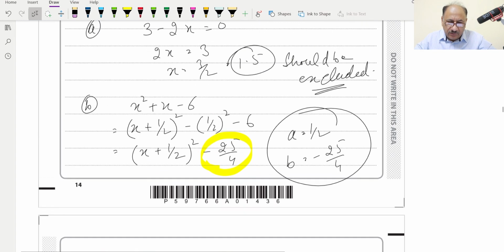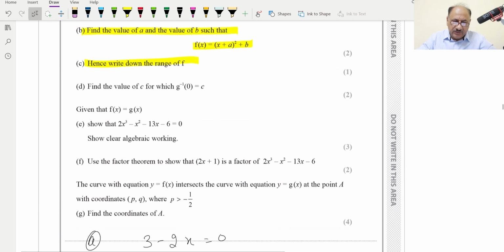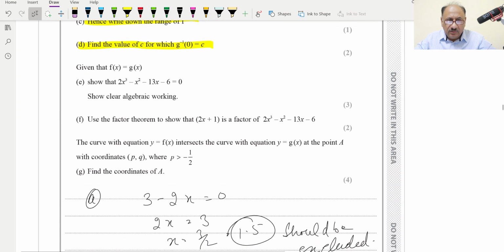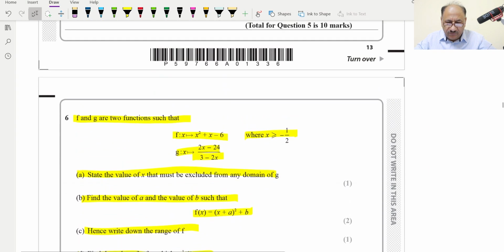Now D part is saying find the value of c for which g inverse of 0 is equal to c. So we can write basically g of x in c format.